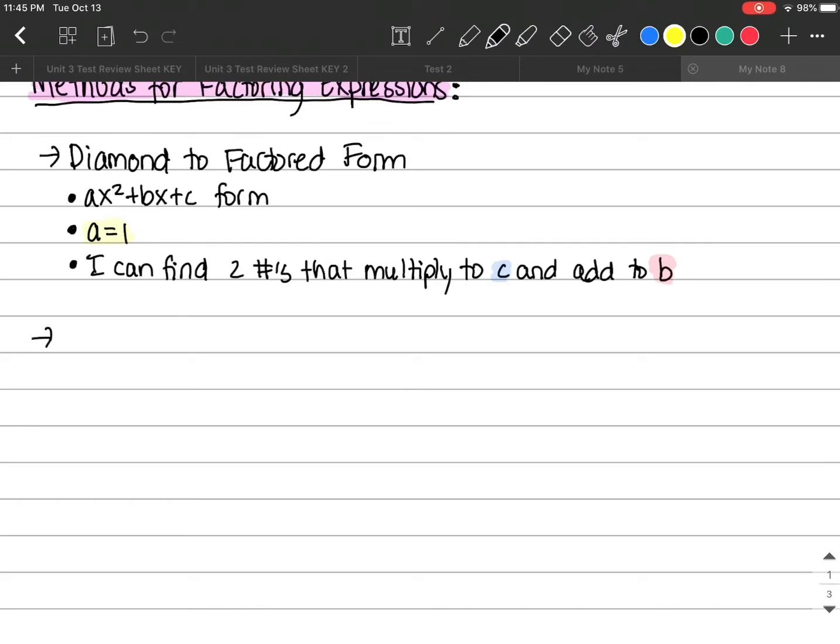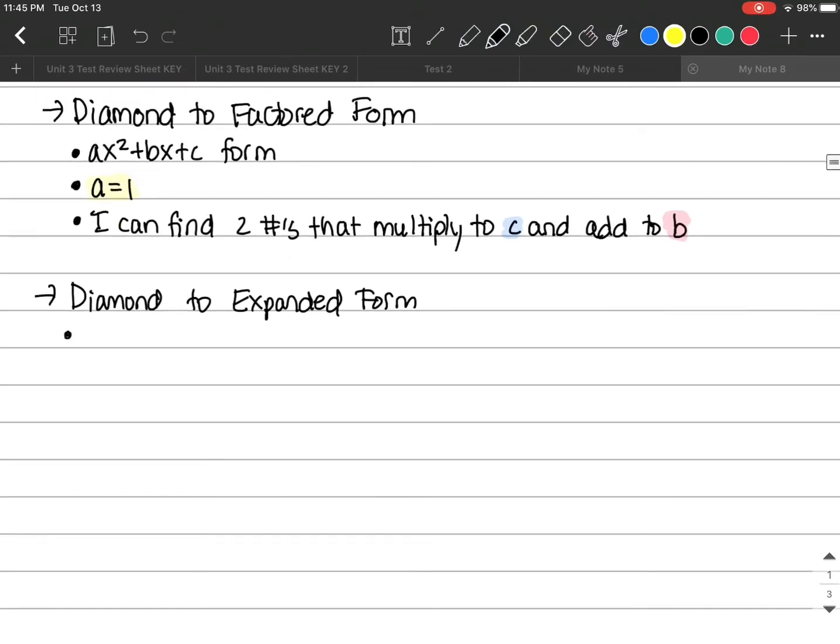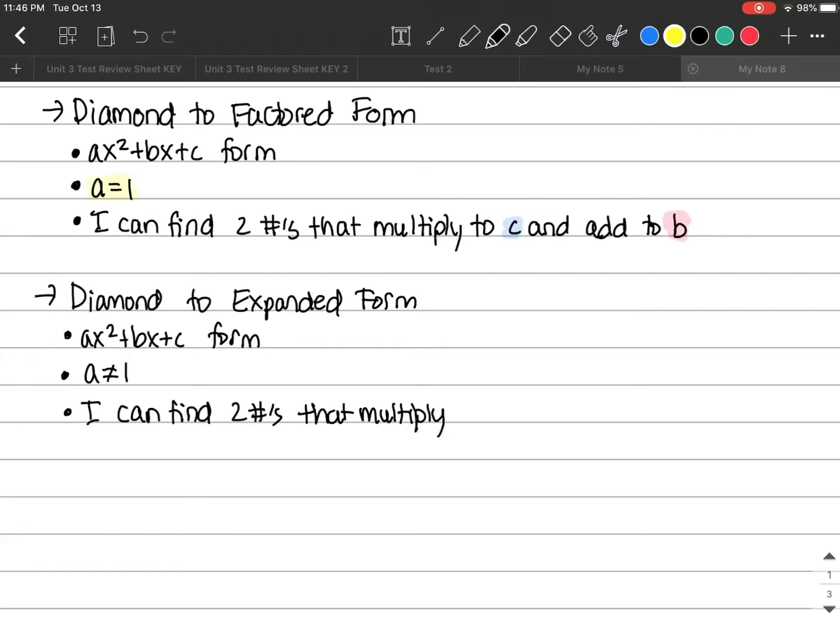All right, the second one we talked about was diamond to expanded form. And that's when we have the form ax squared plus bx plus c, but a is not equal to 1. And still, I can find two numbers that multiply to a times c and add to b.